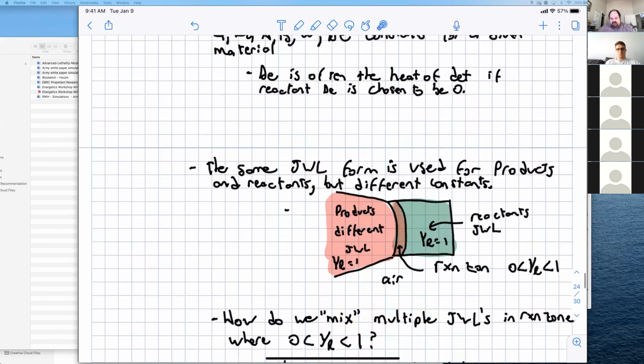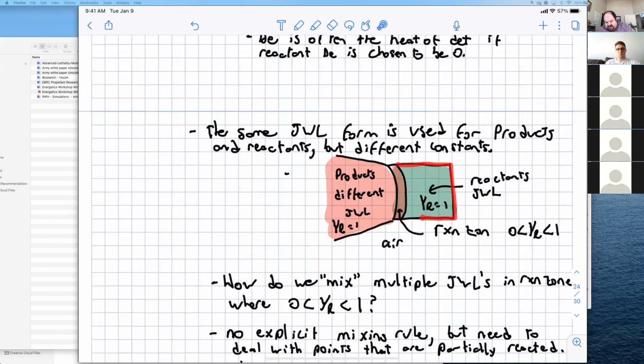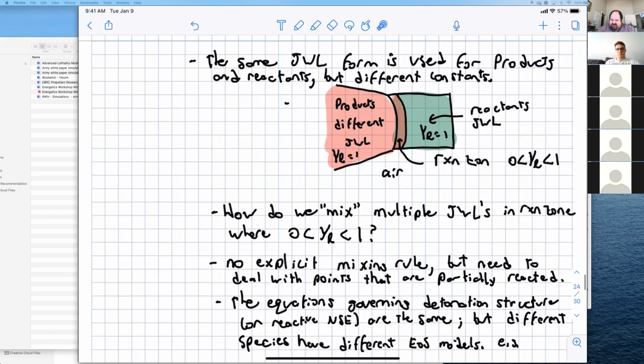So if you consider a rate stick here, we have the reactants here, we have the products here, and in the reaction zone where there is burning occurring, you have some in-between state. And so now we have an additional complication: how do we mix multiple JWL equations of state in the reaction zone? And it turns out there's no explicit mixing rule.